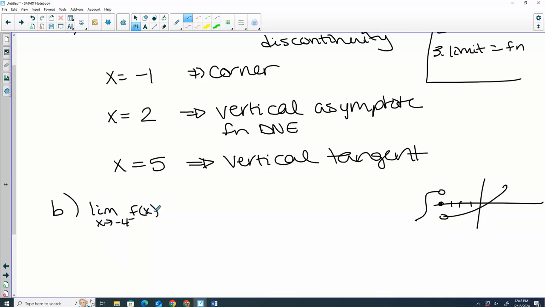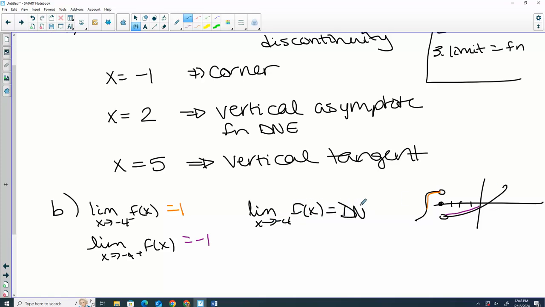As I'm coming in from the smaller side, my y value is getting closer to 1. As I approach -4 from the right, coming in from this direction, it's going to -1. Then I asked for the overall limit. In order for the limit to exist, those have to be equal. So since they don't match up, it does not exist.